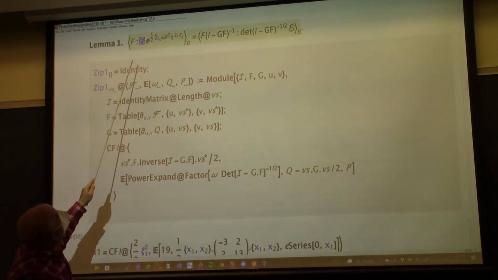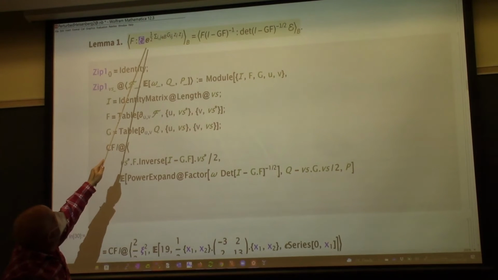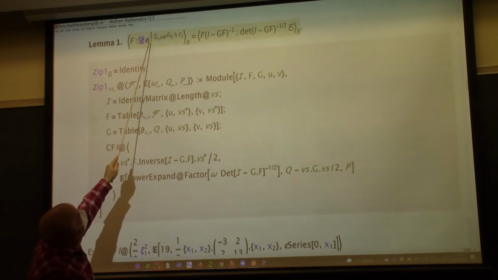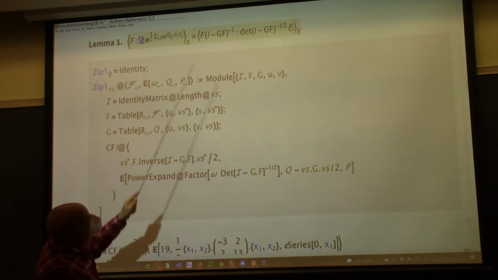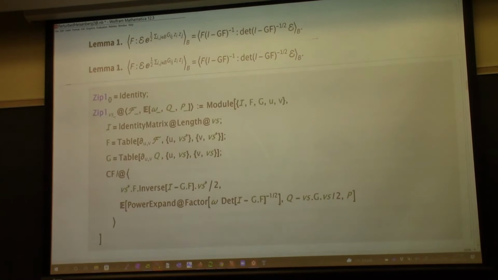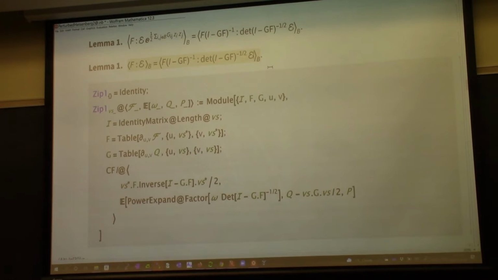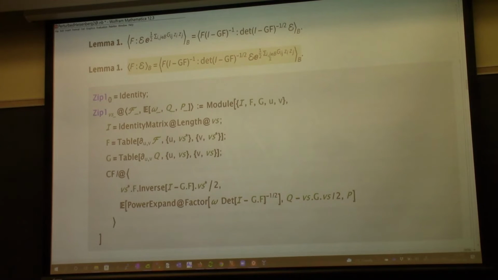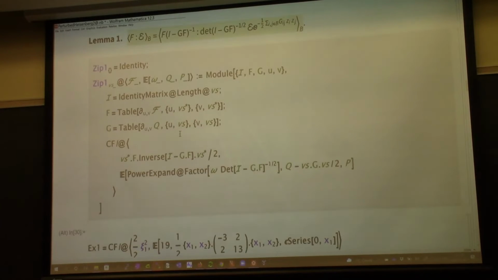In other words, I suppose I could copy paste it and rewrite the lemma as it is applied. So instead of writing it this way, I write it that way. Okay, so I move the quadratic from, well, it's the same.